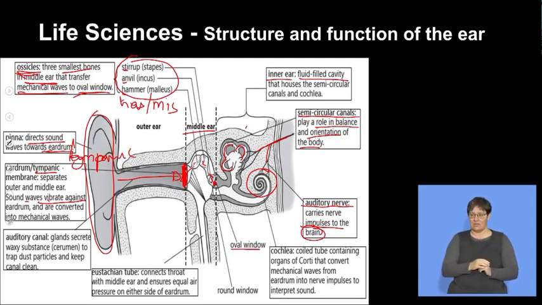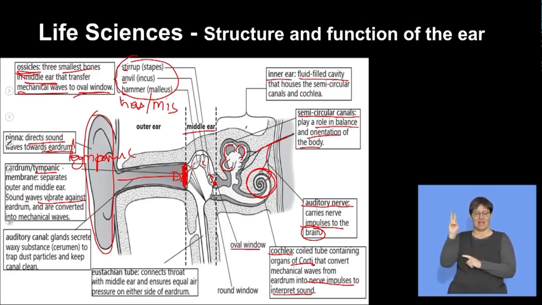And then we've got the cochlea. The cochlea is the snail-like structure that contains the organ of Corti as the receptors that will convert the mechanical sound waves from the eardrum into an impulse that will be interpreted as sound.